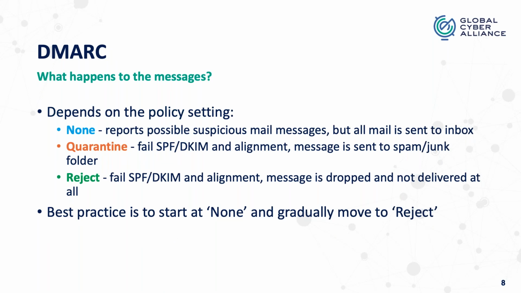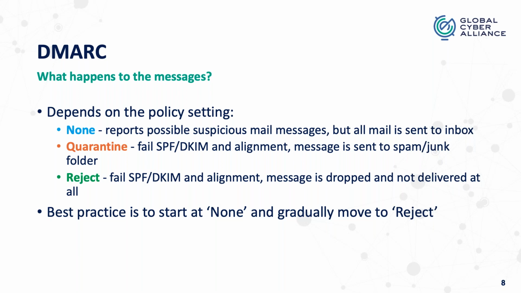But before we get to that, your next two policy levels are quarantine and reject. So this is where, again, you make sure from the reports, you get those reports, review the reports, make sure that SPF and DKIM and your DMARC, DKIM and SPF alignment are all passing, or as passing as best as possible, right? Because if all of those checks were to fail and you're in quarantine, then the message is sent to the spam junk folder.